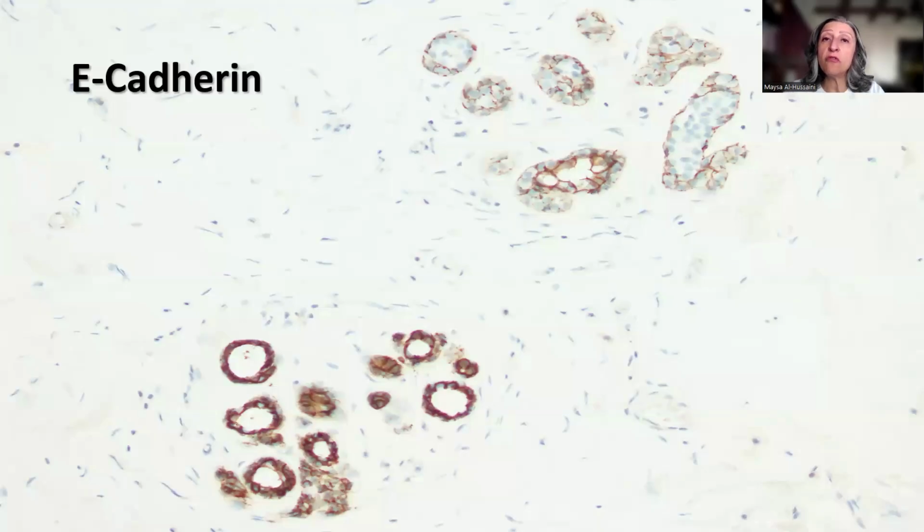Now, in order to confirm the diagnosis, we have to do some stains, and one of the most important stains is E-cadherin. Remember that E-cadherin normally shows a membranous staining in the epithelial and the myoepithelial cells.